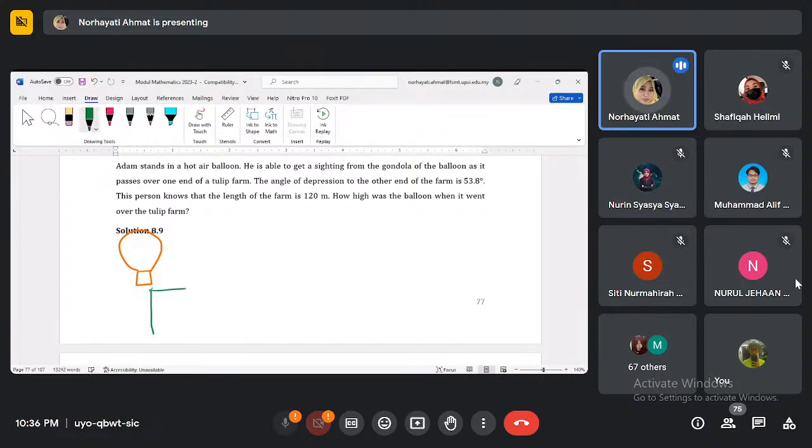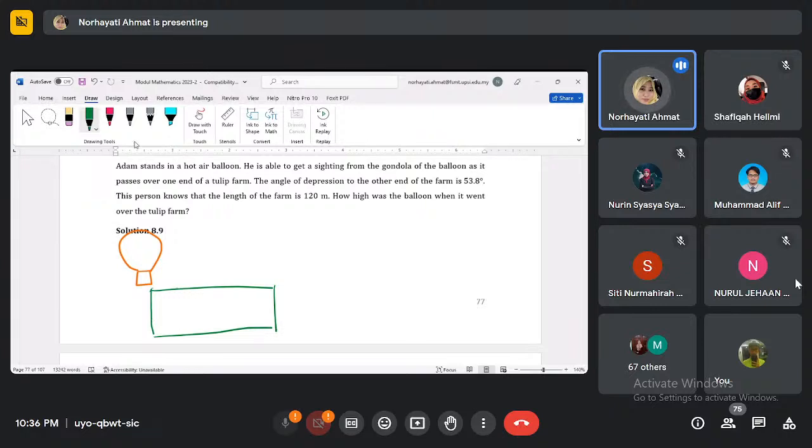Okay, so this is tulip farm lah. Kita bayangkan this is the farm. Apa dia cakap tadi? The angle of depression to the other end of the farm is 53.8 degree. Okay, so dia berada kat sini.